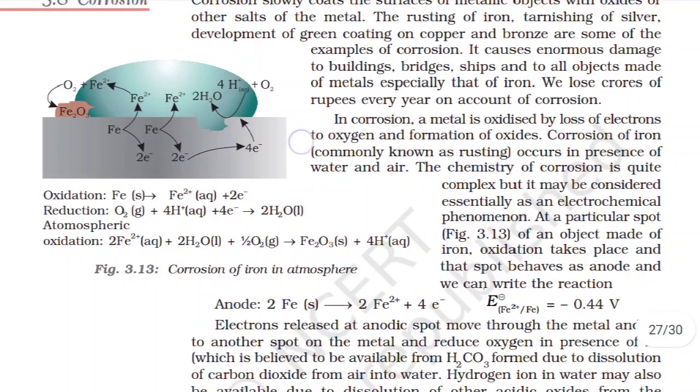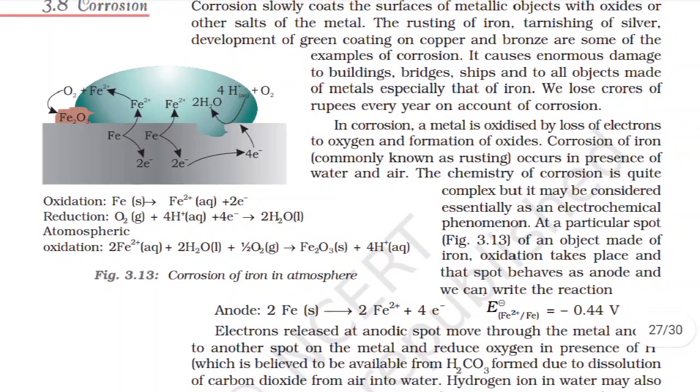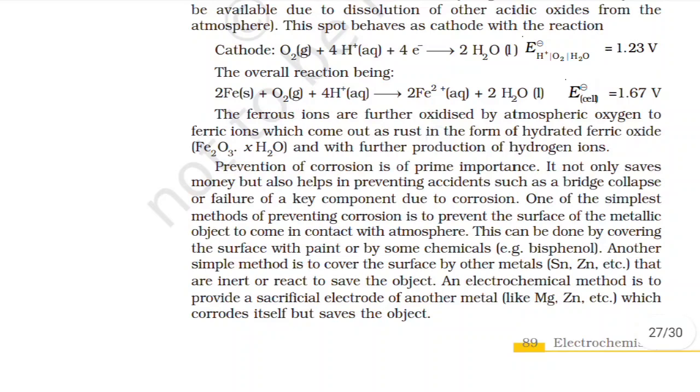The painting protects the inside iron from rusting, because in these paints, elements more active than iron are available. Therefore those elements undergo oxidation, and the inside iron will be safe from rust.